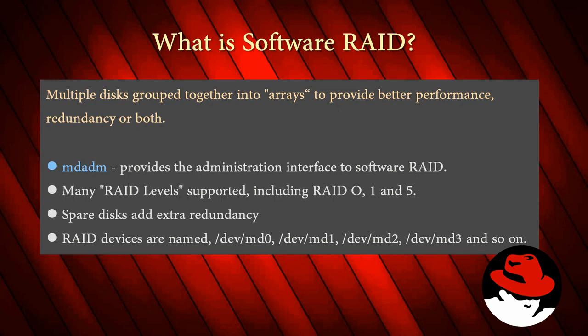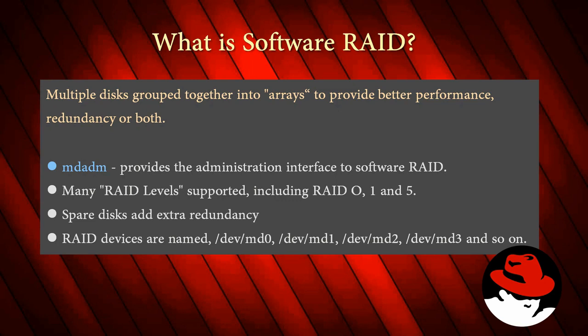So mdadm is an option that provides the administration reference interface to software RAID. There are different RAID levels based on different classes: RAID 0, RAID 1, RAID 2, RAID 3, RAID 4, RAID 5, and so on.